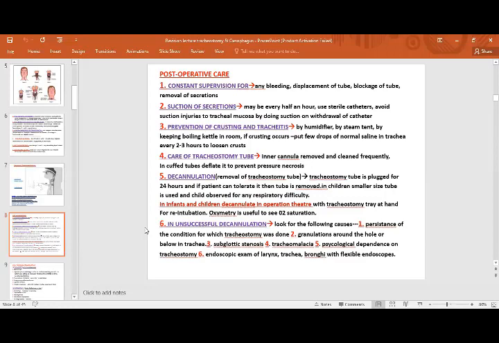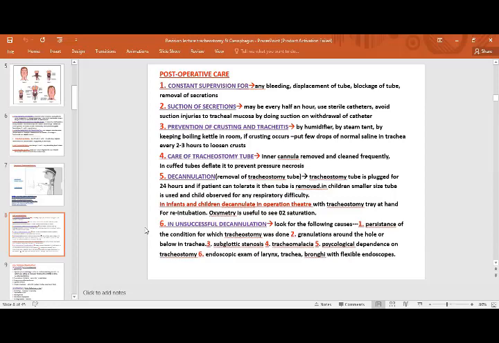Number one might be that the condition which the patient is having is persistent, and of course, granulations are present around the hole. And whenever we want to remove the tracheostomy tube, there would be immediate cyanosis or difficulty in breathing in that patient. And subglottic stenosis.